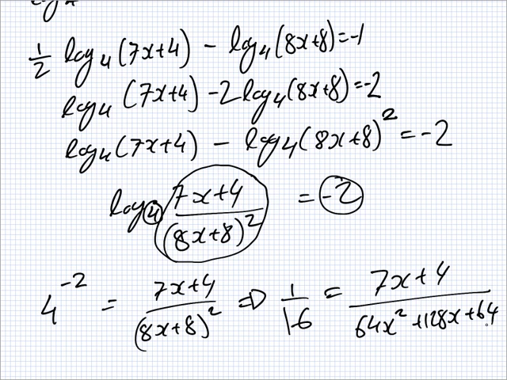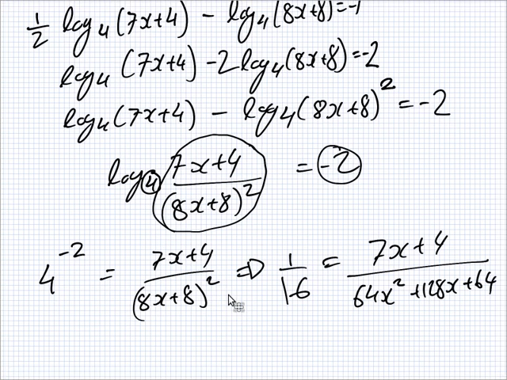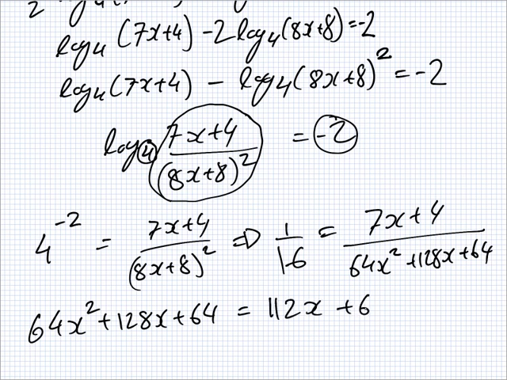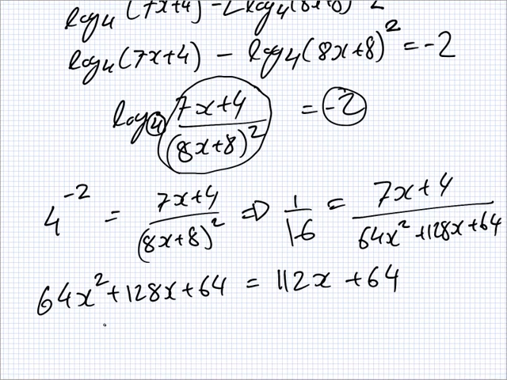What about the 7x plus 4? We can cross multiply. So you get 64x squared plus 128x plus 64 equals 16 times 7. Is it 102? 16 times 7? 112. Okay, I trust you. Plus 64. We're getting closer to an answer.